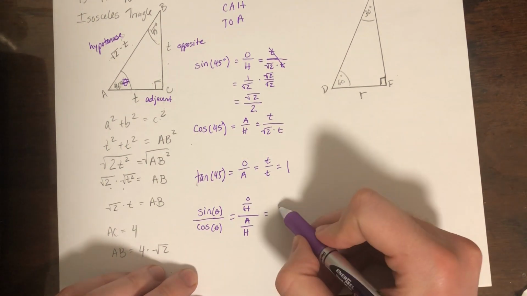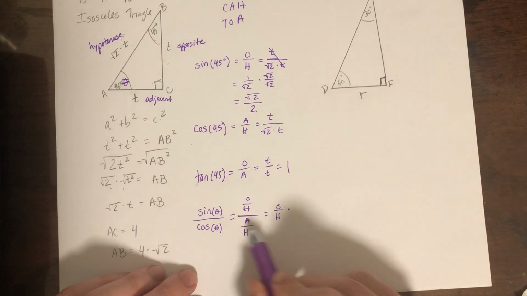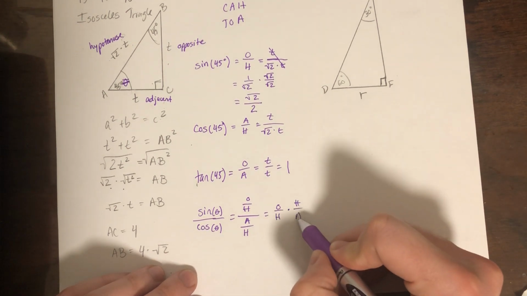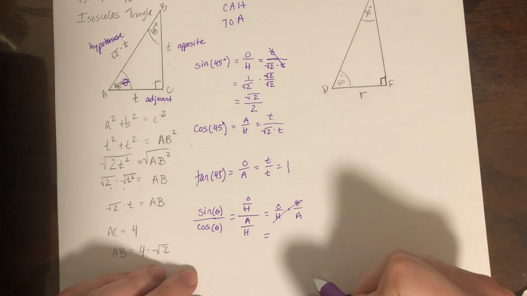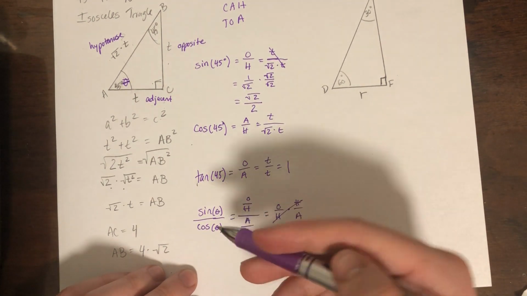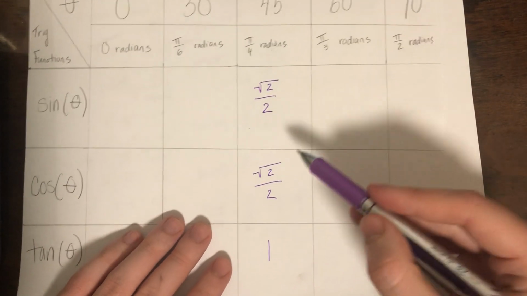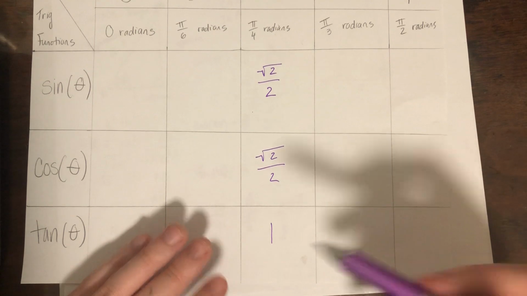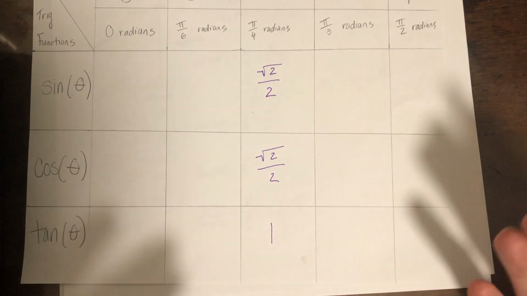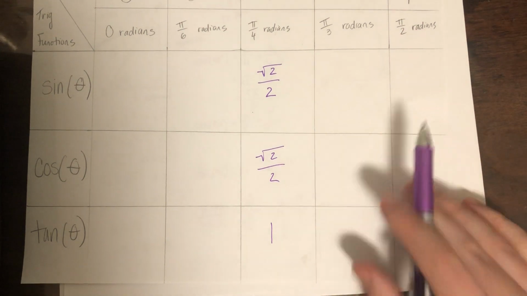Keep the original fraction, change the sign to multiplication, flip this fraction to h over a, and we're just going to get tangent. So I can actually divide sine by cosine to get tangent. Radical 2 over 2 divided by radical 2 over 2 is 1. Anything divided by itself is 1.